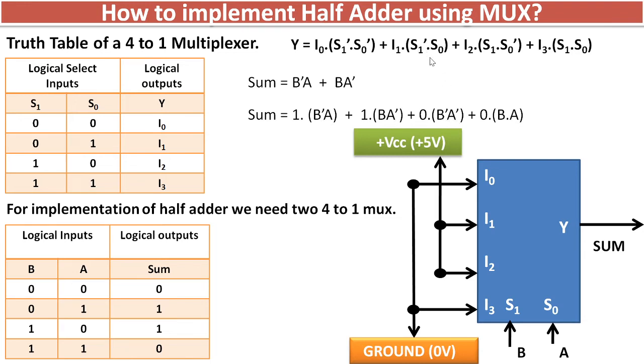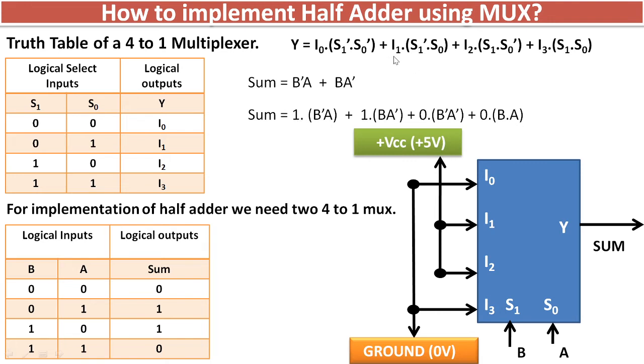S1 bar S0 is similar to B bar A. S1 S0 bar is similar to B A bar, and S1 S0 is similar to B A. So now we have to compare the inputs. If we take B bar A, it is similar to S1 bar dot S0. So the input is I1, and in this case it is 1.